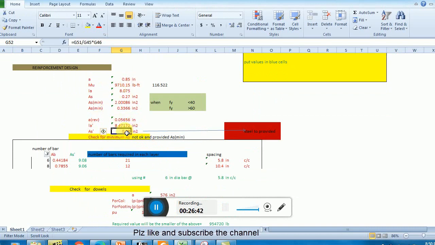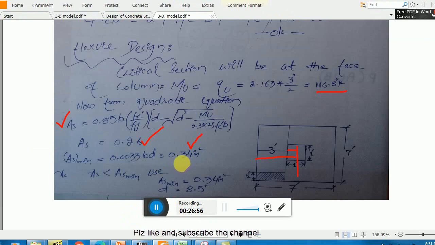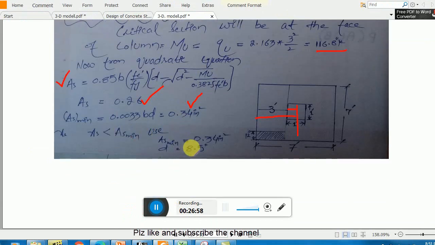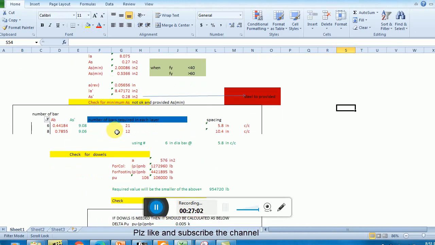Now hit and trial rule again, revise the calculation, and here you see it automatically checks. I'm using the formula, and it does the calculation work, and says not okay and provides AS minimum, because we already did this calculation, because our AS calculated is less than AS minimum.